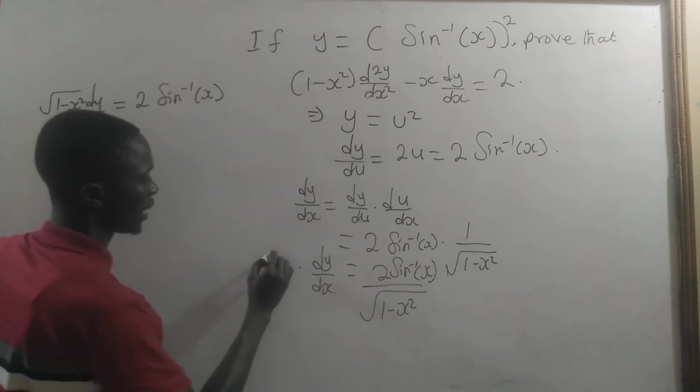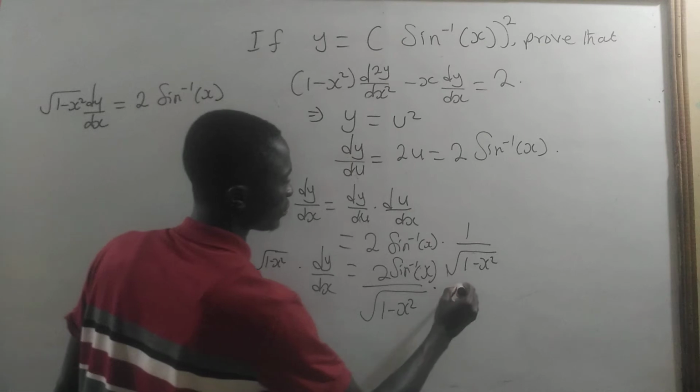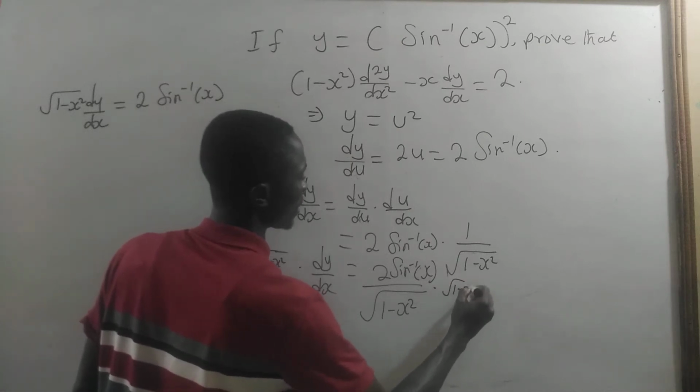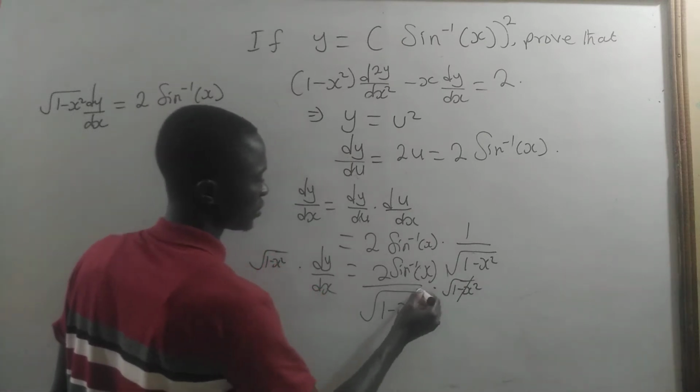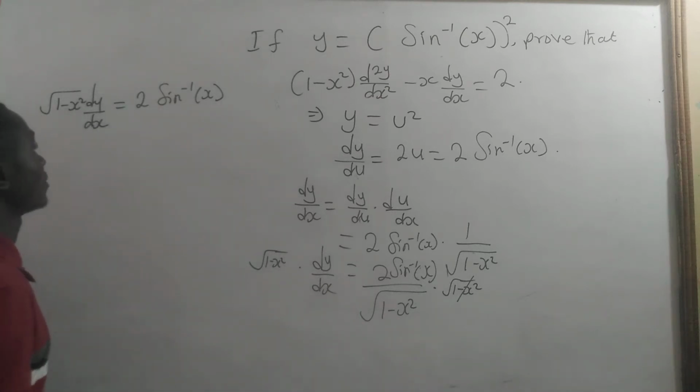Just multiply here by square root of 1 minus x squared and multiply here by square root of 1 minus x squared, so that this one will cancel this and we have this one here. That is what I've done.